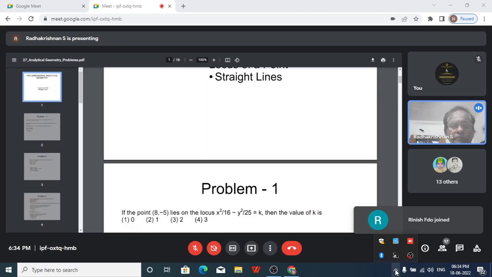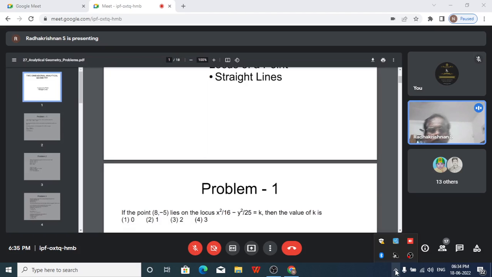So you have to simply put x equal to 8 and y equal to -5 in this equation. So that means 8 square by 16 minus (-5) the whole square by 25. First term will be 64 by 16, which is 4, minus 25 by 25, which is 1. So the answer is 3.